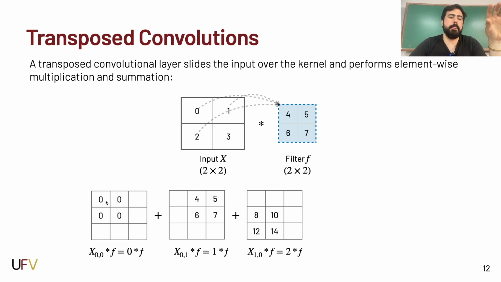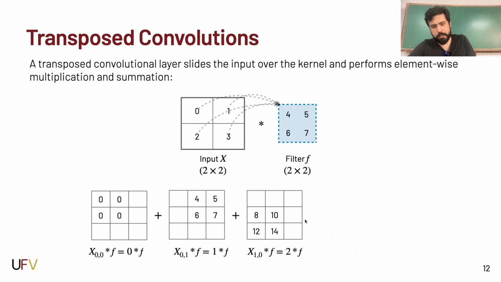Note here that from this output to this, there is a stride of 1 because I moved 1 step to the right. Then I go to the next input, which is 2. So 2 times 4 is 8, 2 times 5 is 10, 2 times 6 is 12, and 2 times 7 is 14.